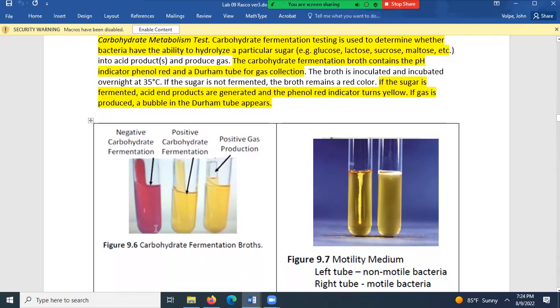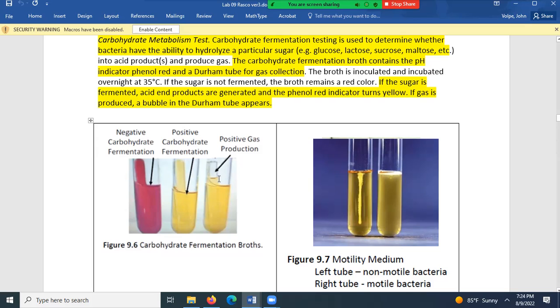If it does not change color or changes to a pinkish color from red, it is negative for the carbohydrate metabolism test. If it turns yellow, then acids are produced when the sugar is fermented, and that would be positive for the carbohydrate fermentation test.